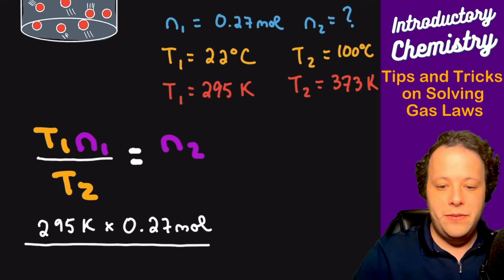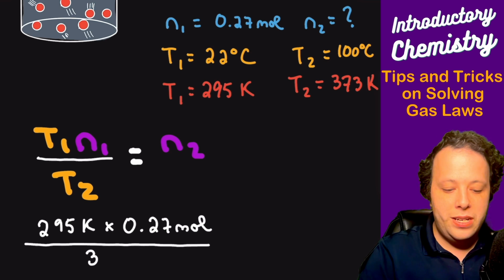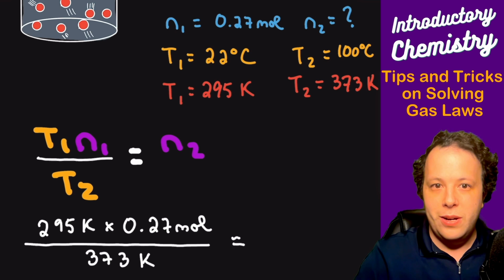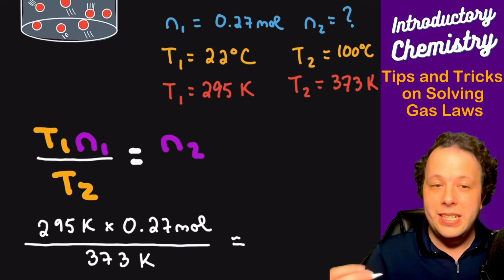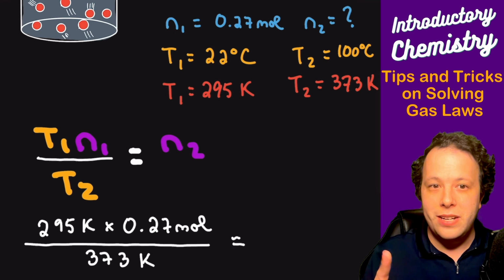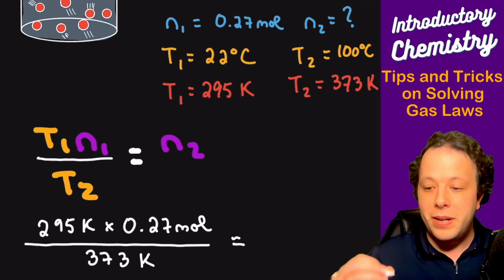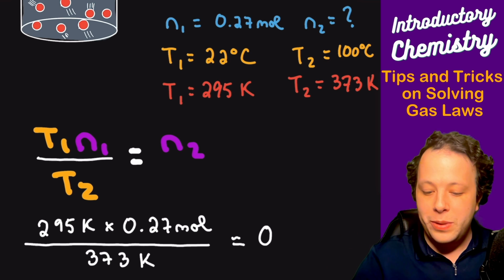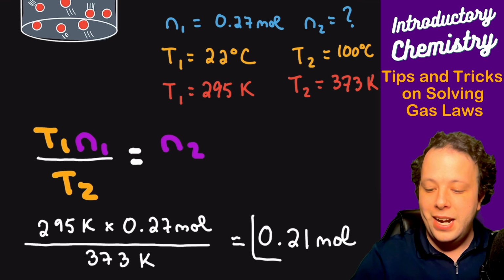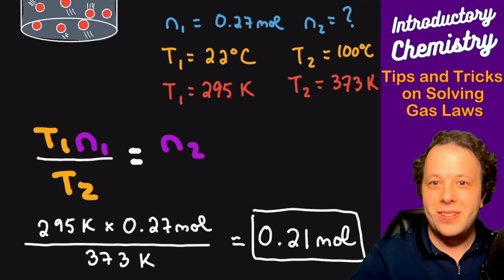And then we're going to divide that by 373 Kelvin. So what you're going to get is 295 times 0.27, divide that number by 373, and we will get 0.21 moles of air left in your jar.